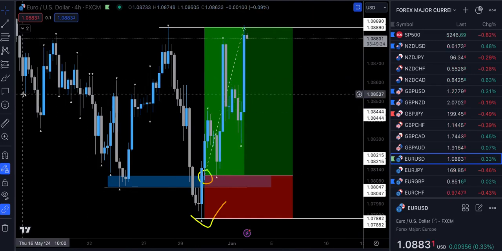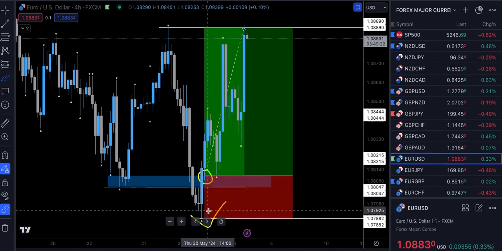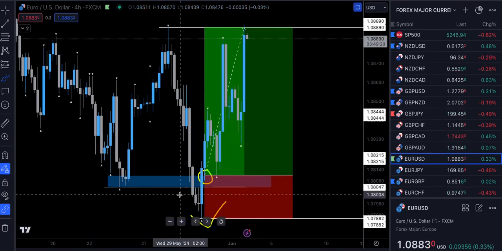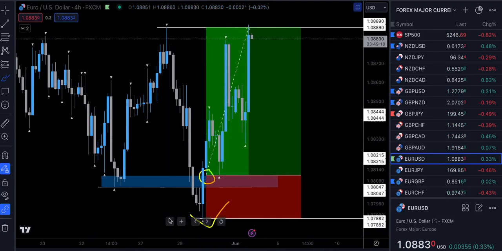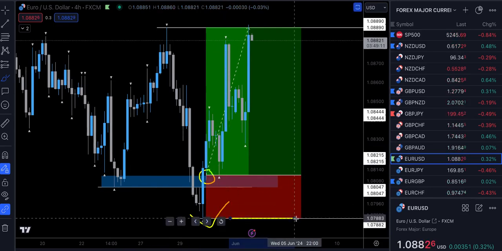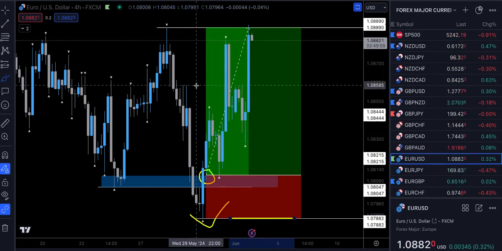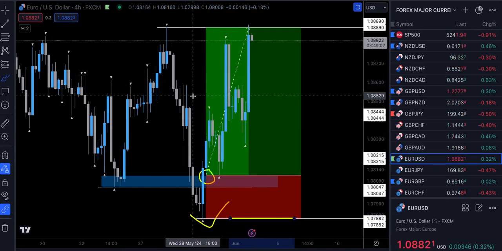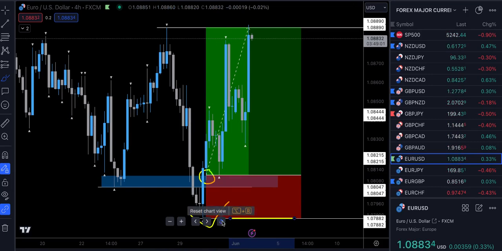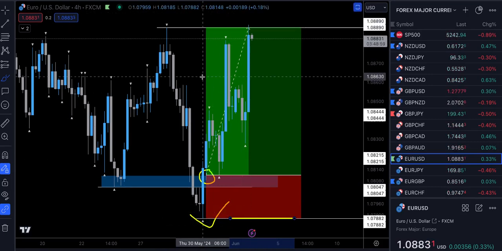It's all about being patient, waiting for the setups to present themselves, the strategy, the rules, i.e. the deviations, reclaims, confirmations, etc. Clear logical invalidations and clear targets for exiting the trade. So you've got clear entry, clear exit, and clear invalidations.